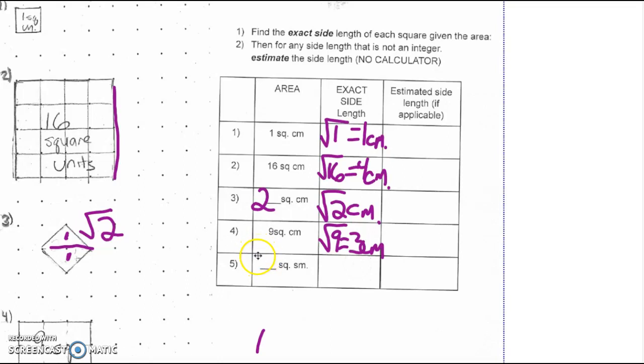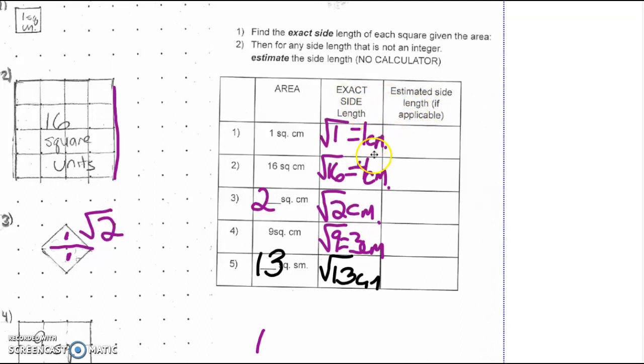And, all right, so now you should have paused the video. And you should have found that the area of that square is 13 square centimeters. So the side length is the square root of 13 centimeters. Exact.